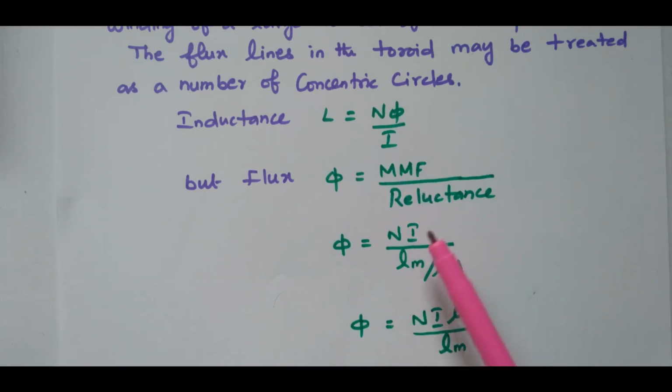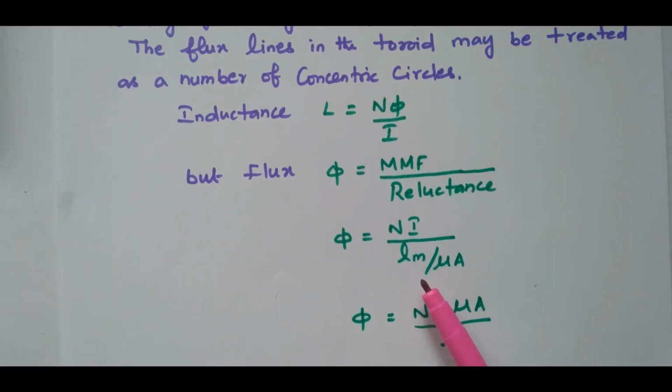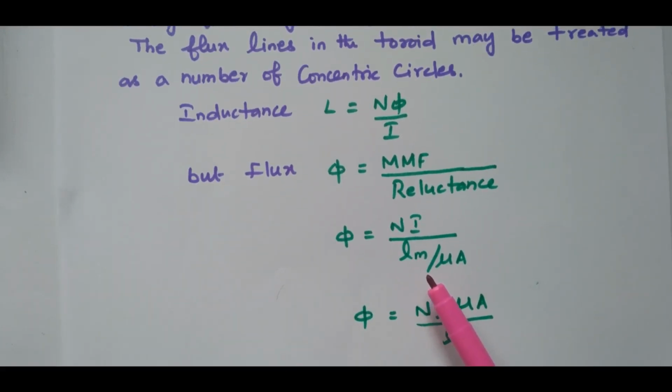This mmf is nothing but N into I. The reluctance, that is very similar to resistance, is L divided by mu A, here we are referring to Lm, the mean length. Lm divided by mu A. So this mu A will go to the numerator. So phi equals N I mu A divided by Lm. Right? We got the expression for flux.